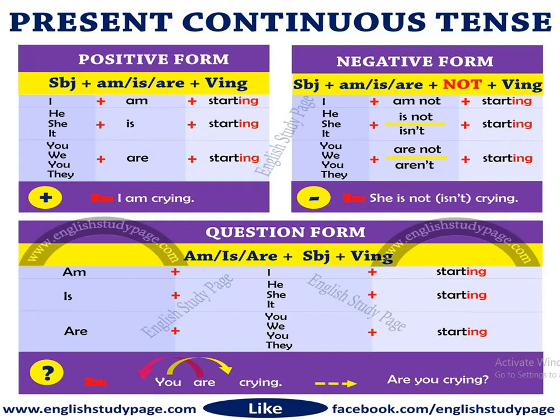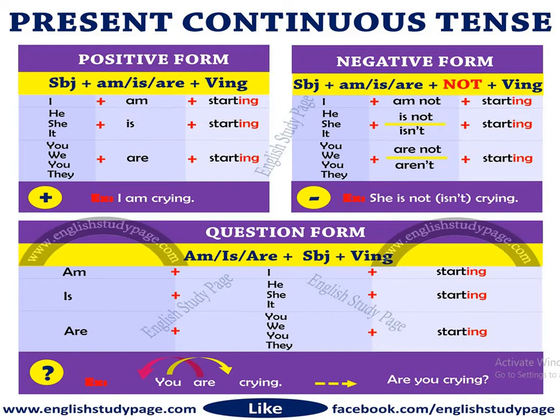And here we use am only with I. Then with he, she, it we use is. And then with you, we, and they, we use are, right? Here we have taken examples of the subject, but in general, along with I, am is used, along with a singular subject is is used, and along with a plural subject are is used.